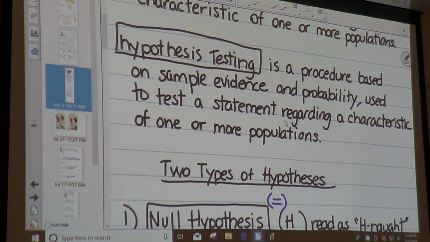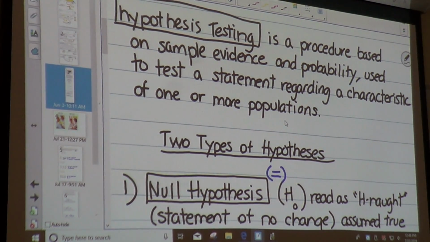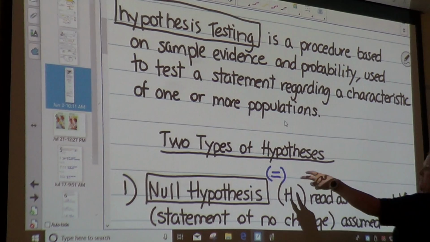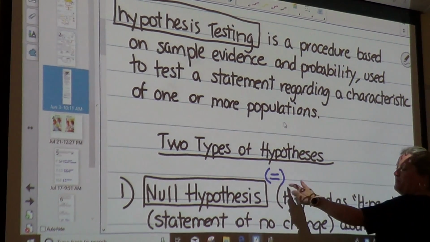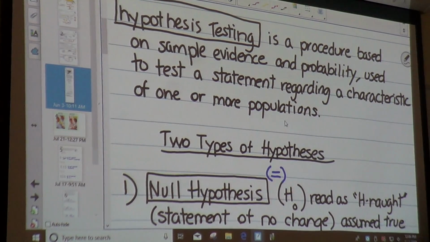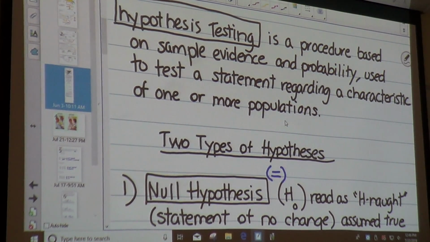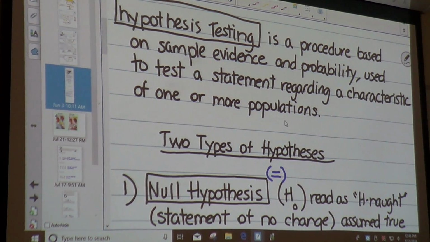Hypotheses is the plural for hypothesis. You have the null hypothesis. That is when it's an equal problem. So if it has an equal, it's going to be a null hypothesis, or an H with a little zero. We read it as H naught. Zero, naught. That means no change.